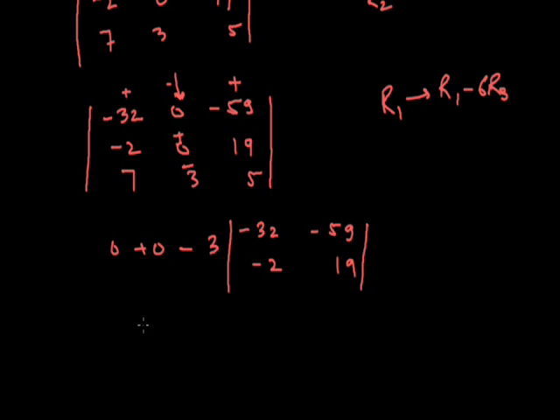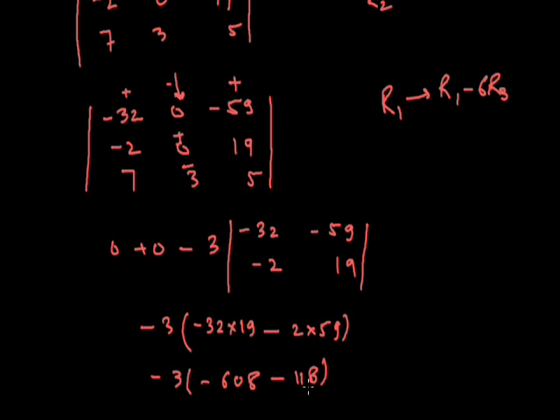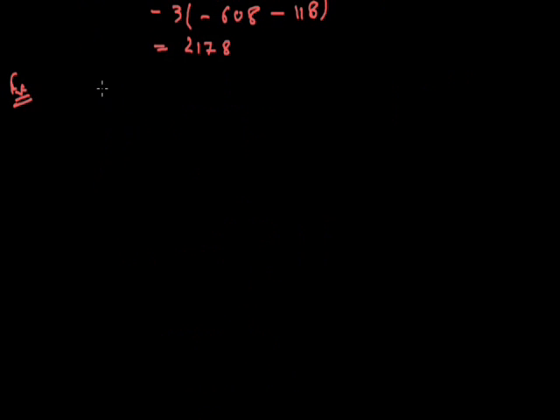So we can simplify: minus 3 times minus 32 into 19 minus 2 into 59, so minus 3 times minus 608 minus 118. Now the result is 2178.